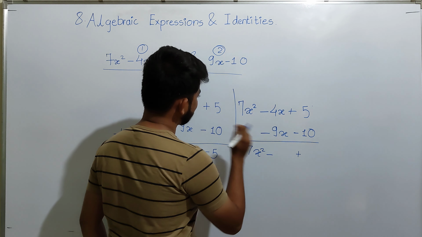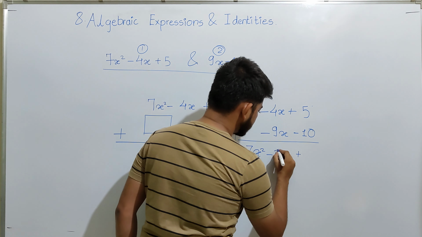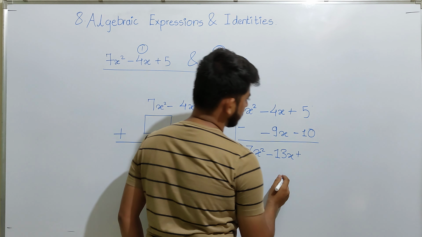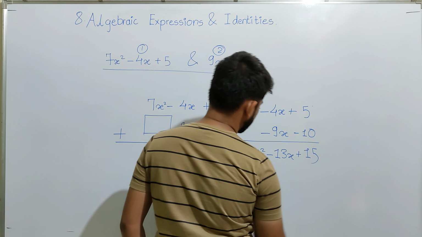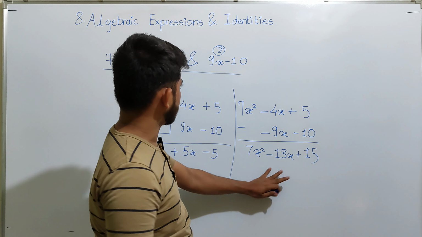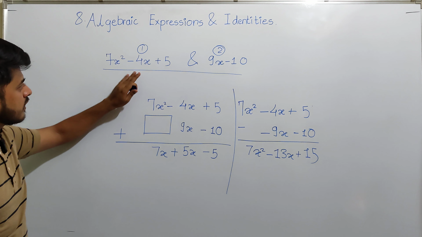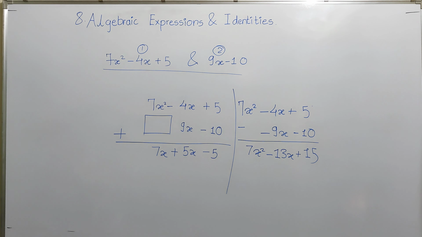Minus 4 minus 9 is minus 13x, right? Now plus 10 plus 5 is 15. So if we subtract 9x minus 10 from 7x square minus 4x plus 5, this is the respective answer. This was the first example given in the textbook, and I have explained it in detail so that you avoid making mistakes further.